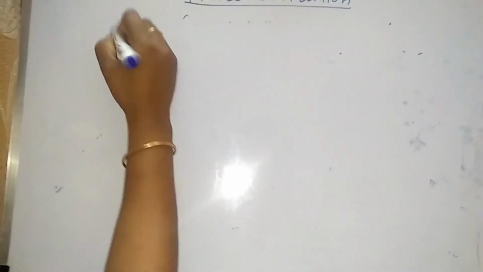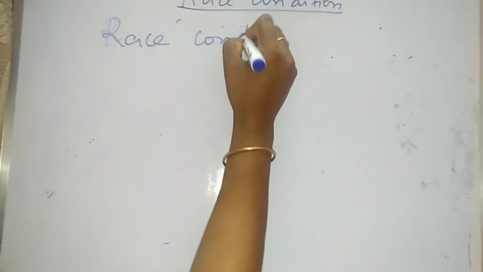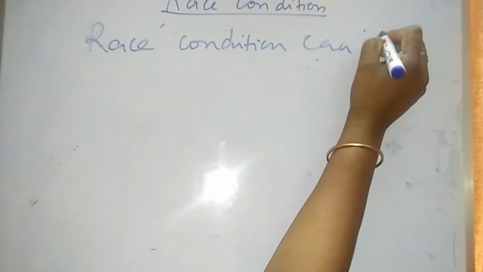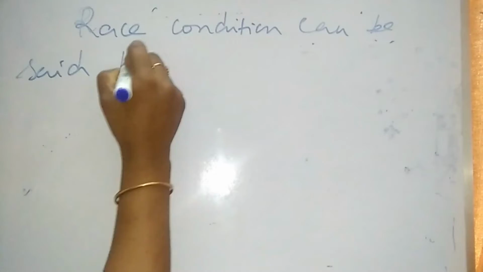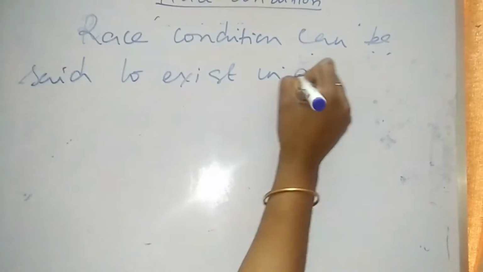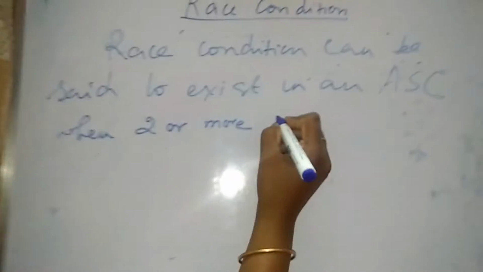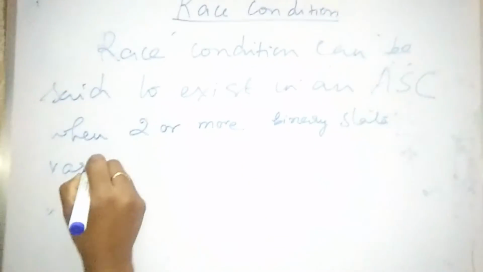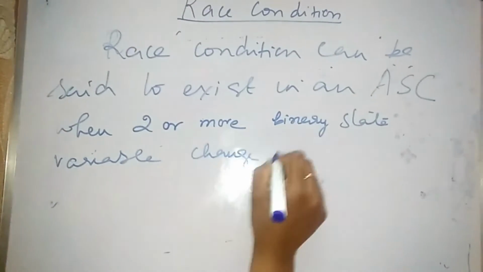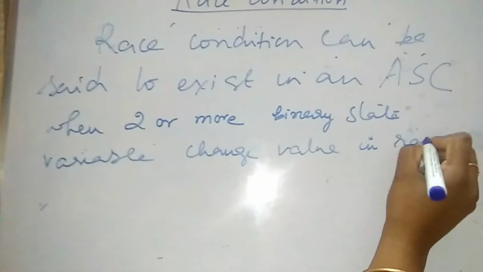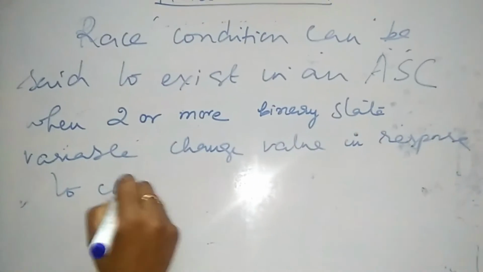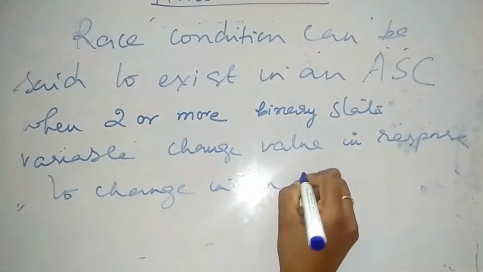So the race condition can be said to exist in an asynchronous sequential circuit when two or more binary state variables change value in response to a change in an input variable.